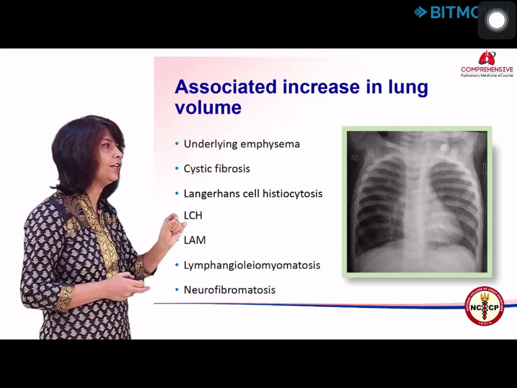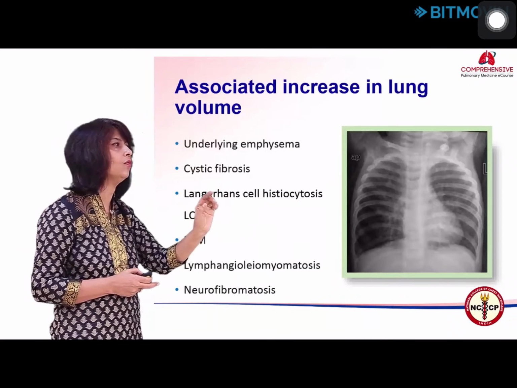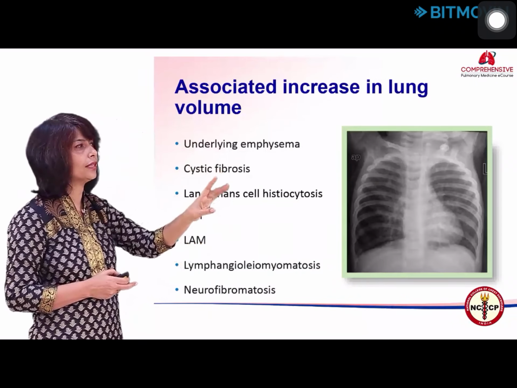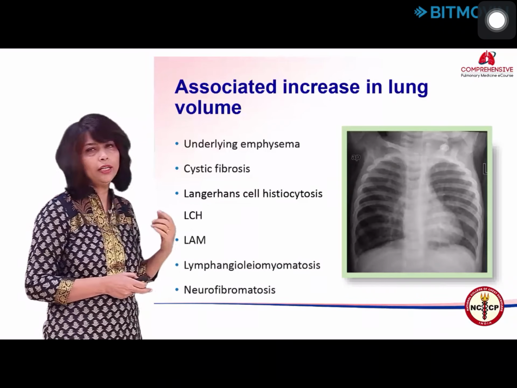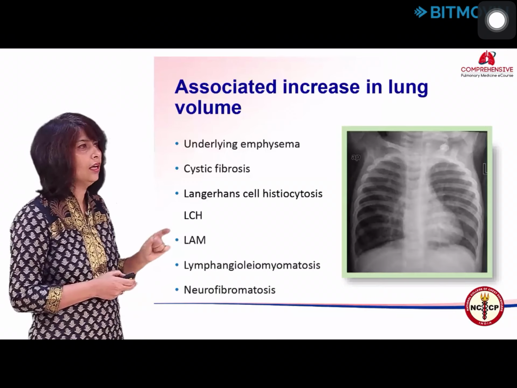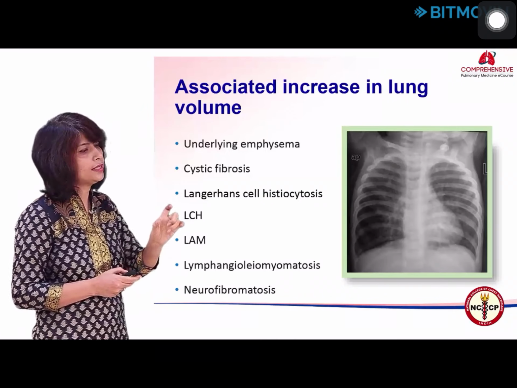Are there some lesions which cause increase in lung volumes? Those are the ones we are discussing, primarily the cystic lung diseases. We already discussed what a cyst was. We did not say what is a cystic lung disease.